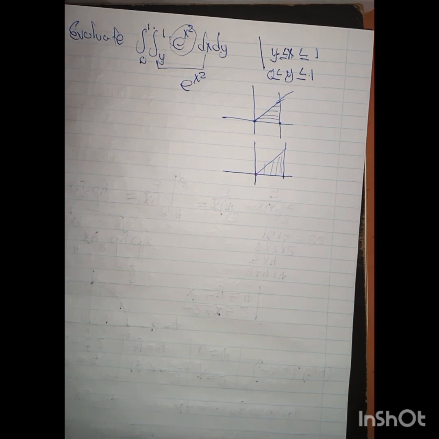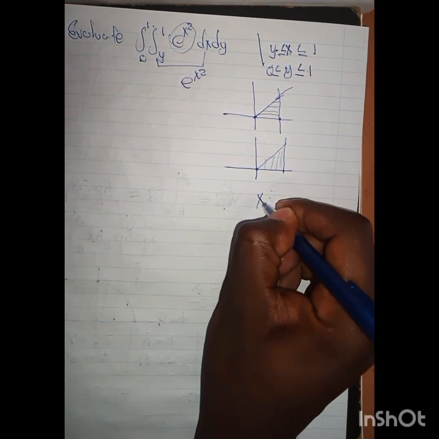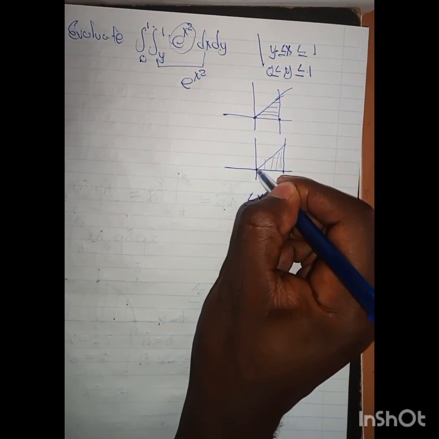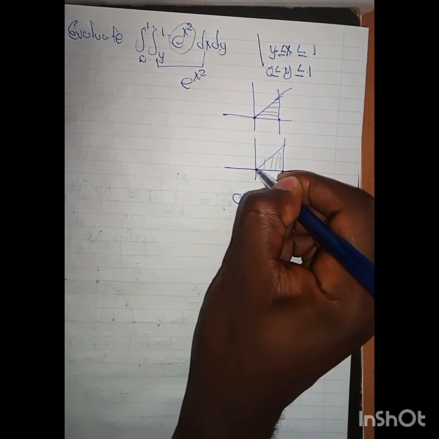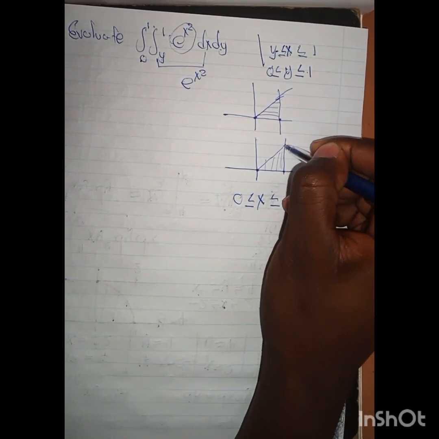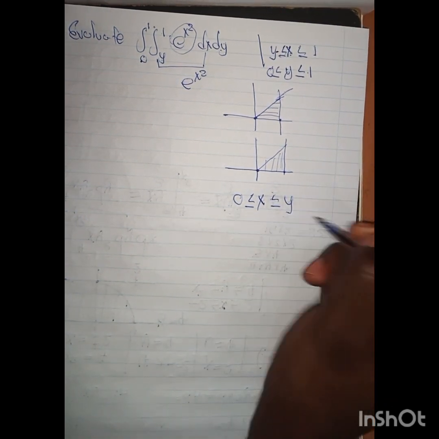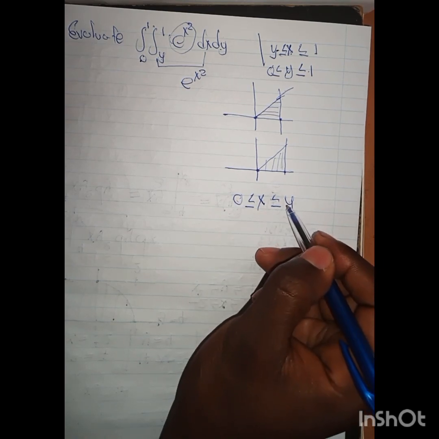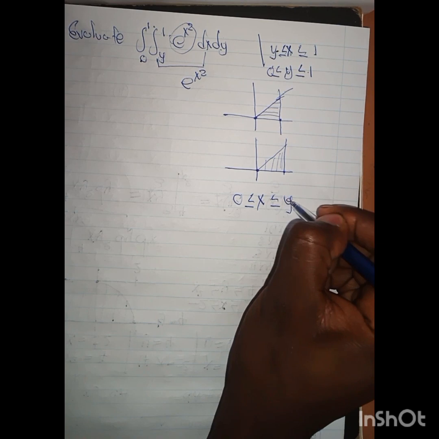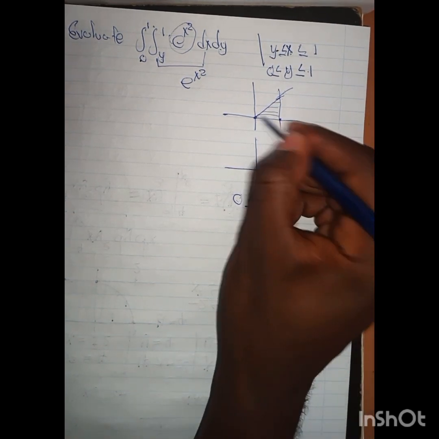So this is what we'll have. It means x now must start from this point 0, up to the line y equals to x. It means x will start from 0 to 1, from this point to this point.